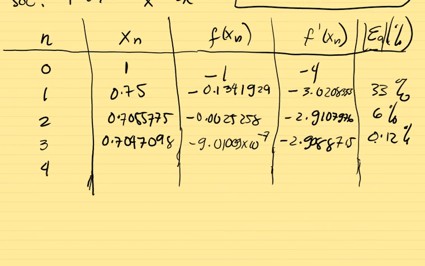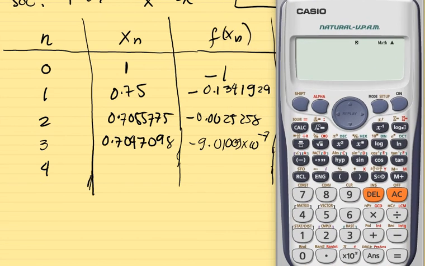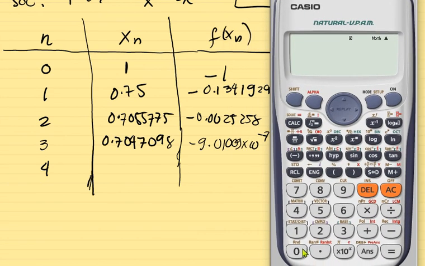So what will be our new value for our xn now? Again, we use our formula xn, our previous value 0.7047098 minus f of x divided by f prime of x.